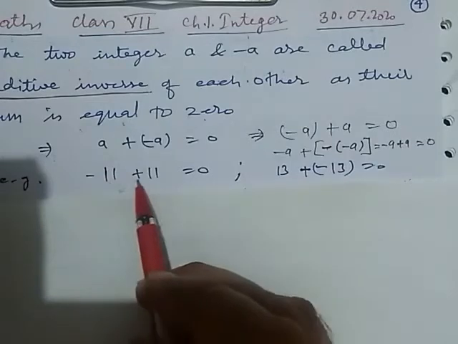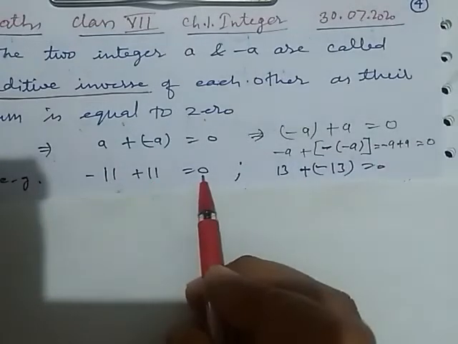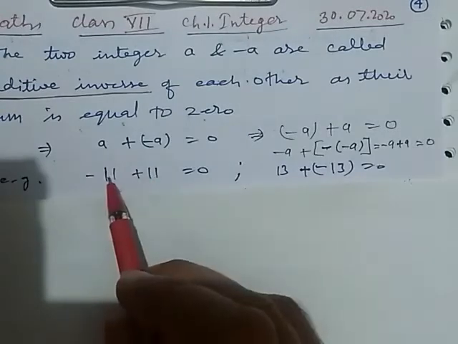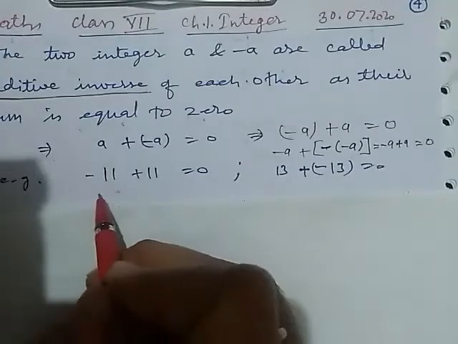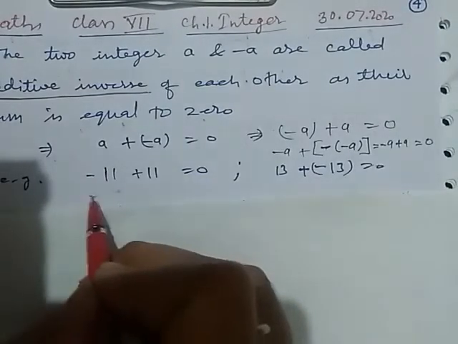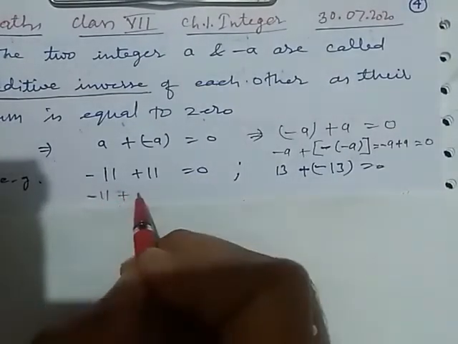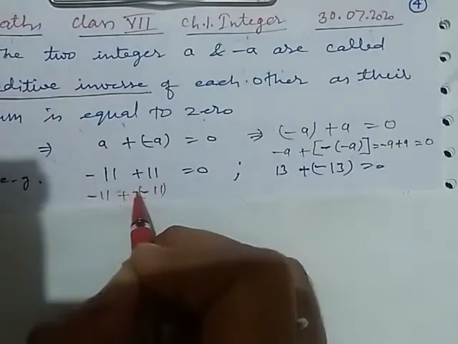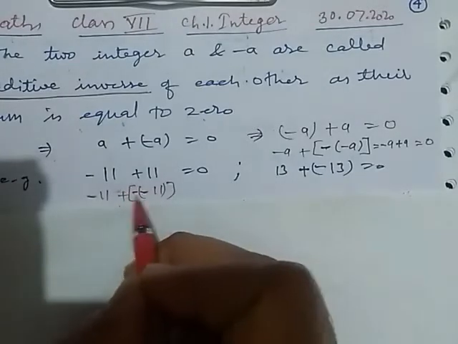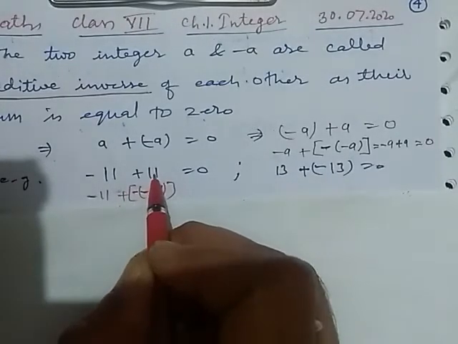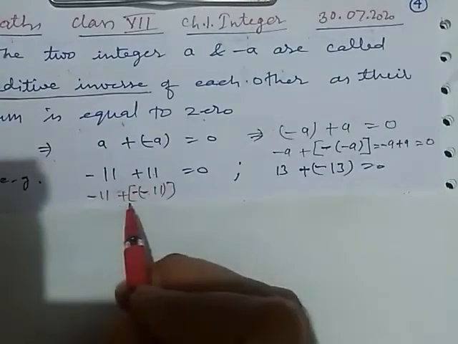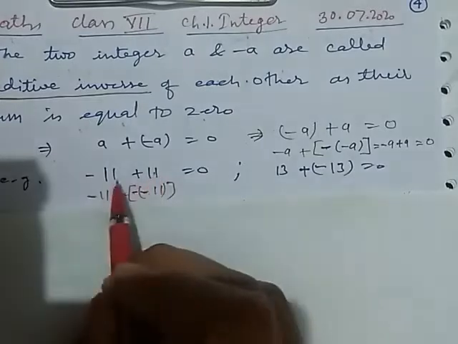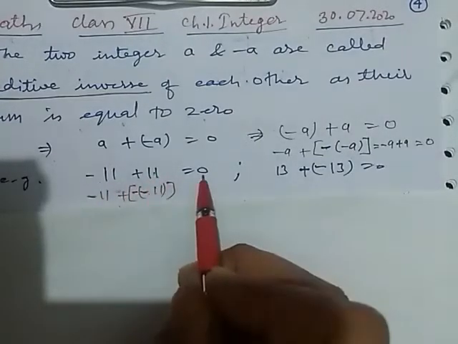Minus 11 plus 11 equals 0. That's why 11 is the additive inverse of minus 11. And the negative of this minus 11, which is minus into minus, that is plus 11. So the additive inverse of minus 11 is 11 because the sum of both of these is 0.